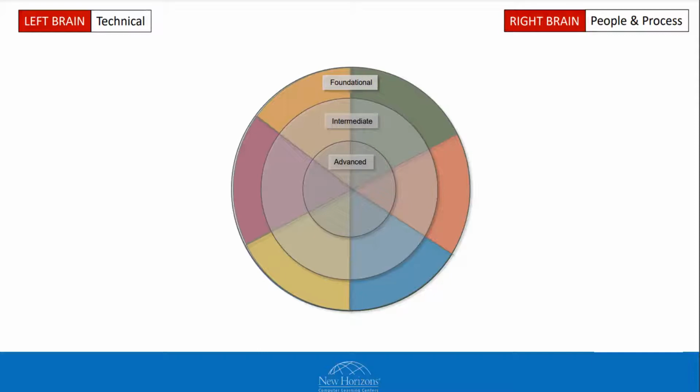So it's not a matter of one side fits each. It's a matter of identifying if there are left brain aspects, if there's more technology challenges or gaps in the use of the skills and the tools that they're using, or is it a challenge of them just using the tools the right way or in the right process?